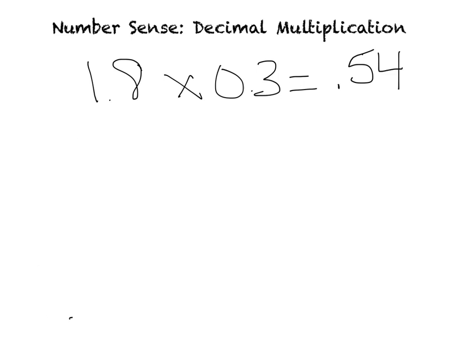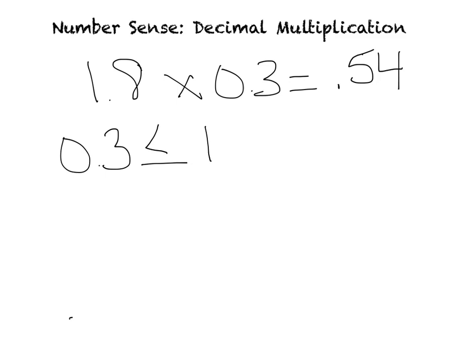Watch. The first thing I'm going to do is compare 3 tenths, so let me write it down here, 0 and 3 tenths. I'm going to compare that to the number 1. I know that 3 tenths is less than 1.